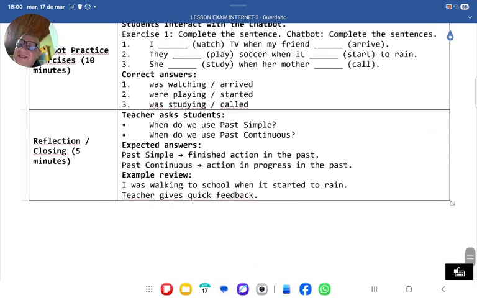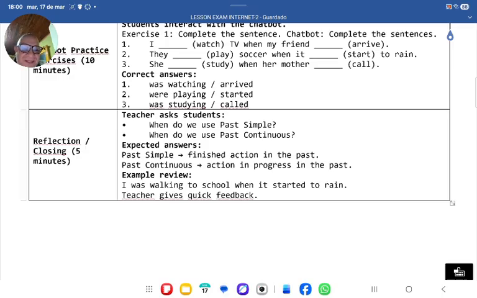In the reflection closing, I use or I will use 5 minutes. For example, the teacher asks the students, when do we use the past simple and when do we use the past continuous? The students gave me some answers. It was at the very end of the lesson.